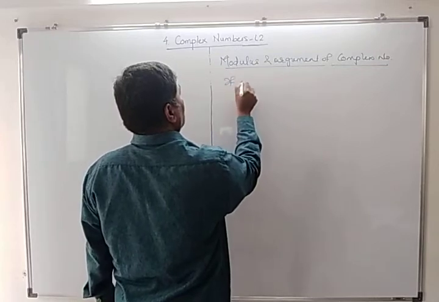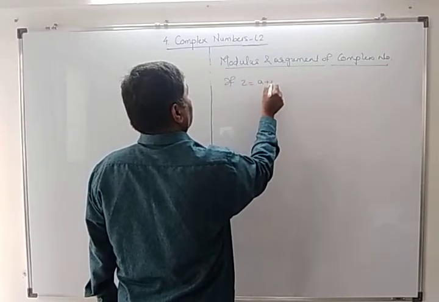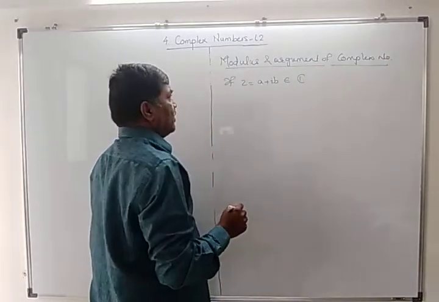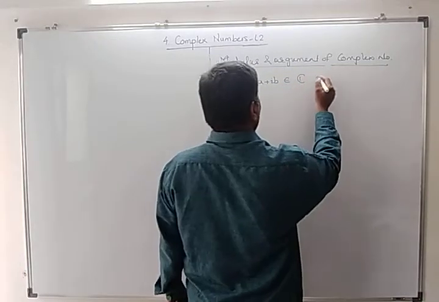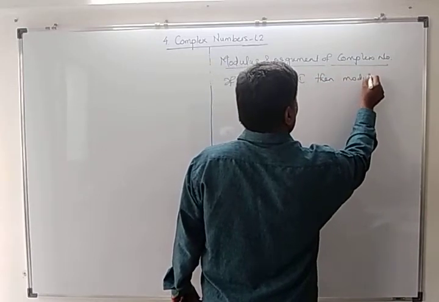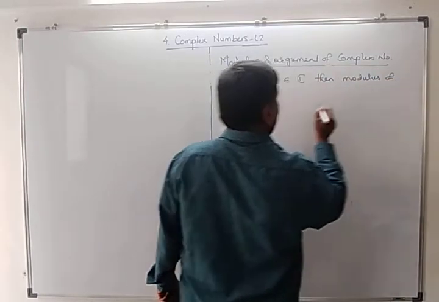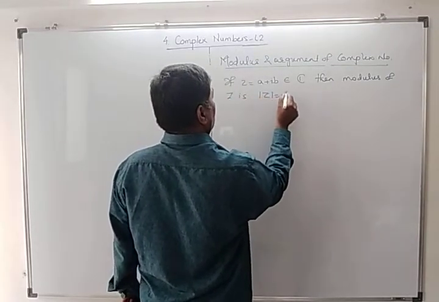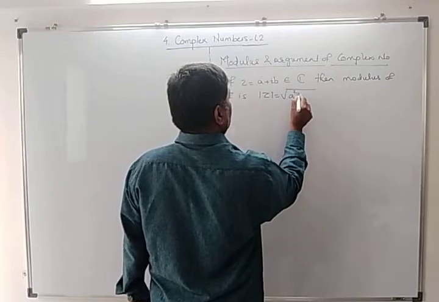If z is equal to a plus ib belonging to C, then the modulus of the complex number z, mod z, is equal to the square root of a squared plus b squared.